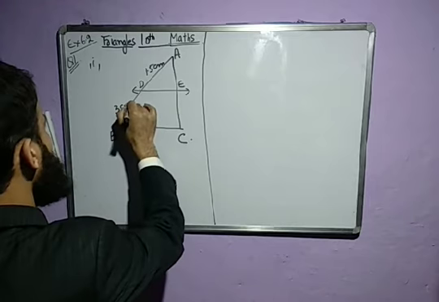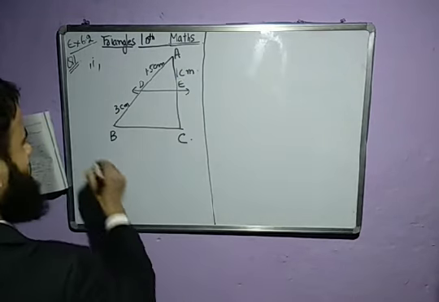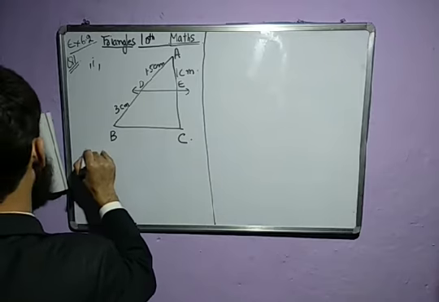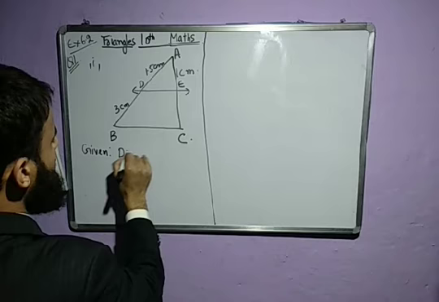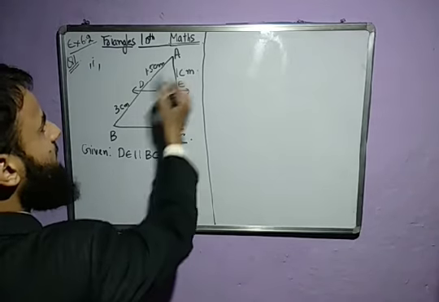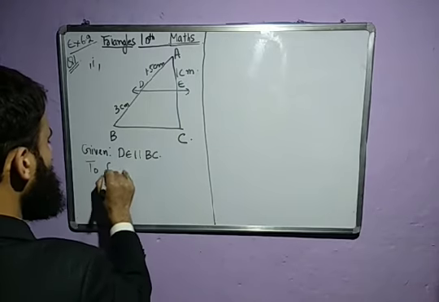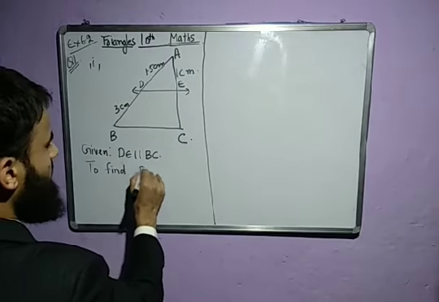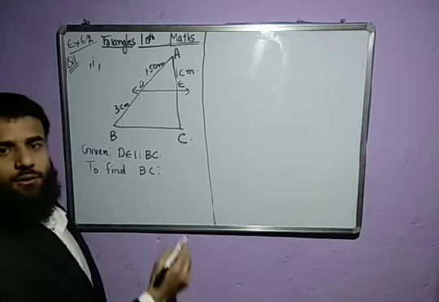This is 3 centimeter. This is 1 centimeter. Okay, so the question is that, given that DE is parallel to BC, and AD is given, DB is given, AE is given. So you have to find BC. So how will you do it?